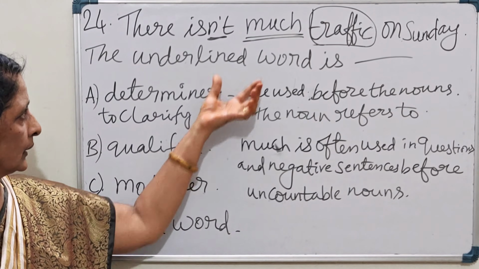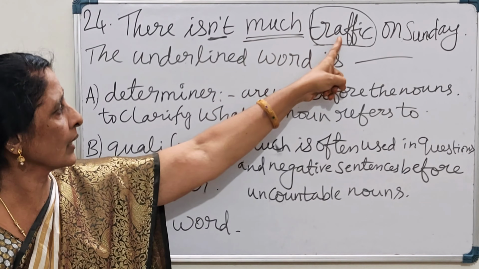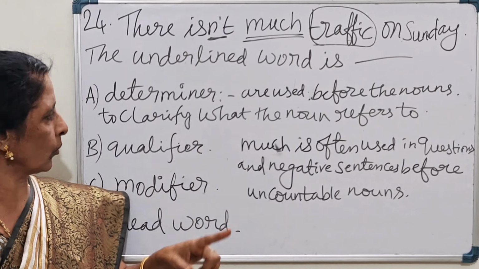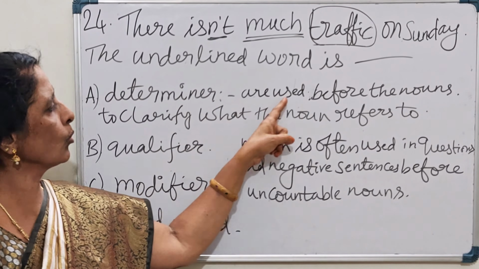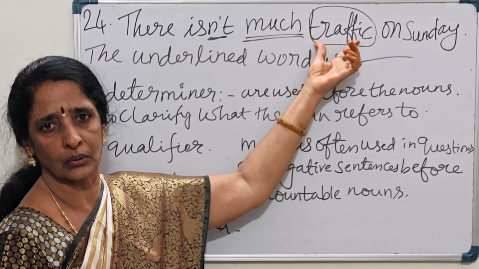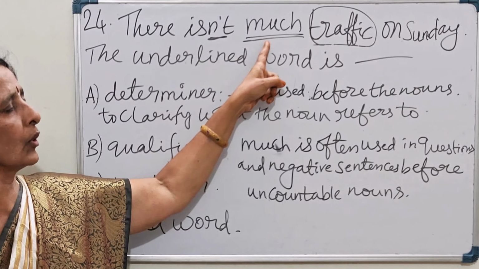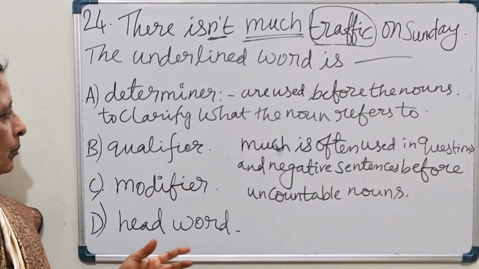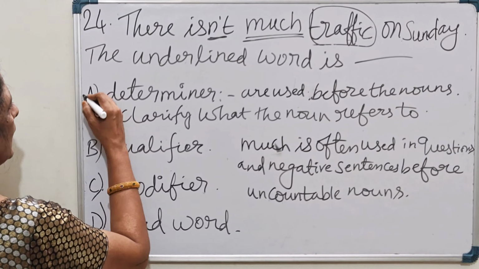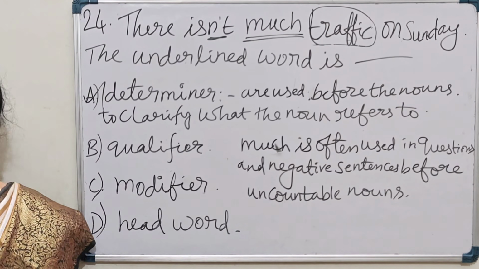I told you first, this one is determiner now. Traffic is an uncountable noun. Determiners are used before the nouns. Before uncountable noun, we'll use determiners. Much is determiner. Okay. Now answer is determiner, A.